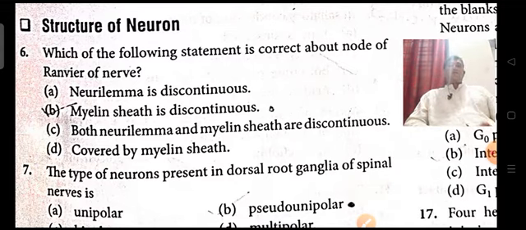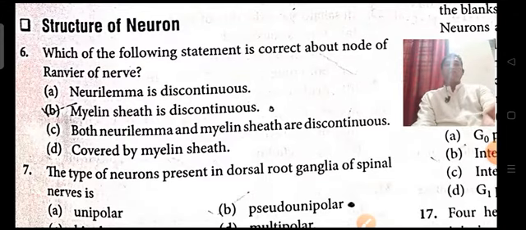The myelin sheath is discontinuous, and the discontinuation forms a node.